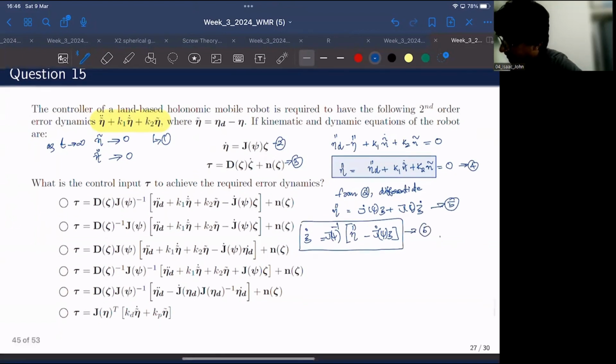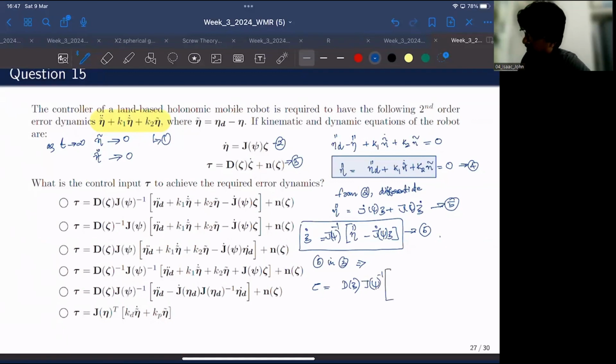And if I substitute equation 6, if I substitute this theta dot onto equation 3, what will happen? So 6 in 3 would result in tau is d of theta, zeta dot is j of theta inverse, and instead of this eta double dot, I'll substitute equation 4, this term.